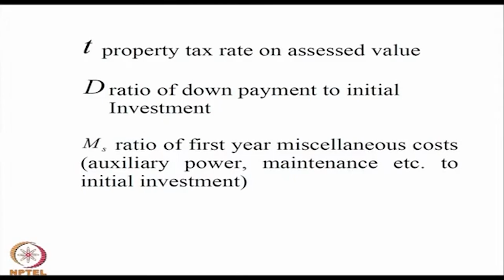Suppose a house is going to cost about 32 lakhs in India, right, and then you may be paying through equalized monthly installments to the bank or to whoever has given you the loan, but then there may be a 10% down payment.